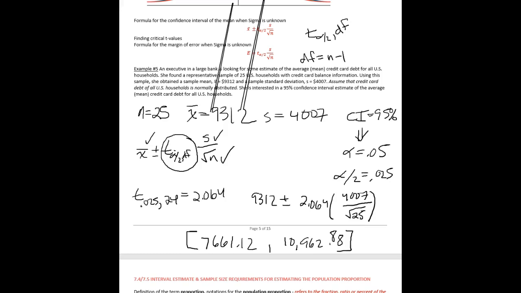Just like the z interval that we did, this is the confidence interval in which we believe mu lies. Well, how sure are we that mu lies in there? We're 95% certain. So this is our 95% confidence interval that mu is between 7661 and 10,963.